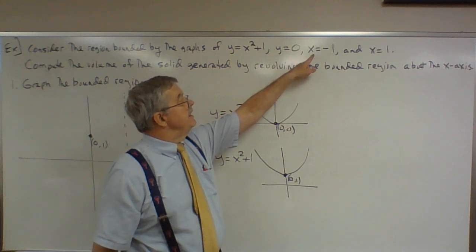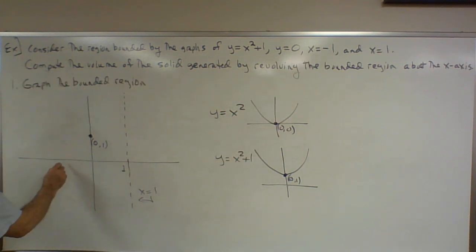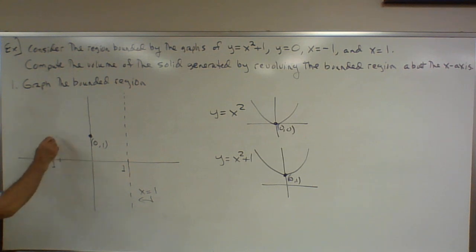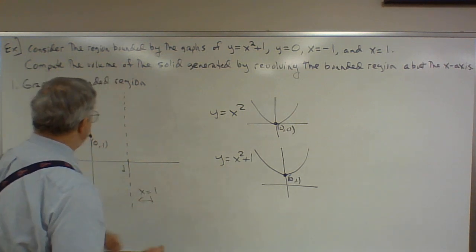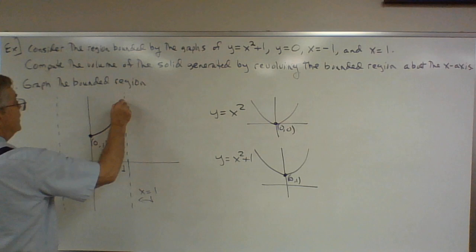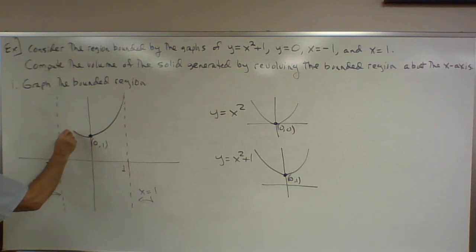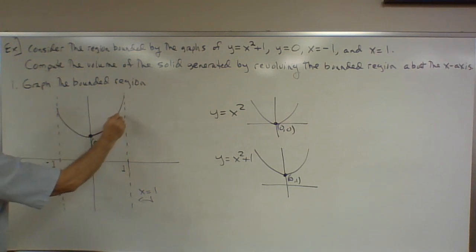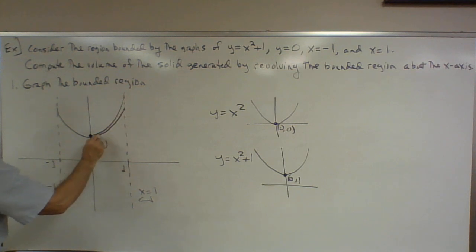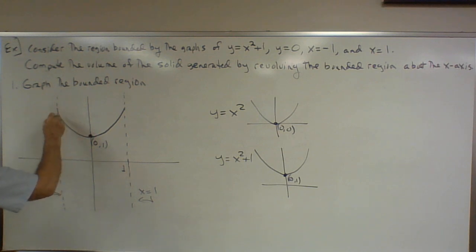X equals negative 1, that's a vertical line going through the point negative 1 on the x-axis. Y equals x squared plus 1, that's the parabola.